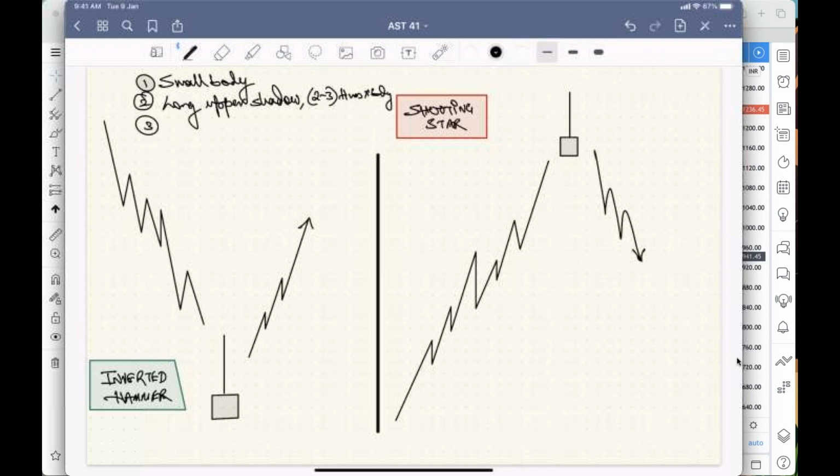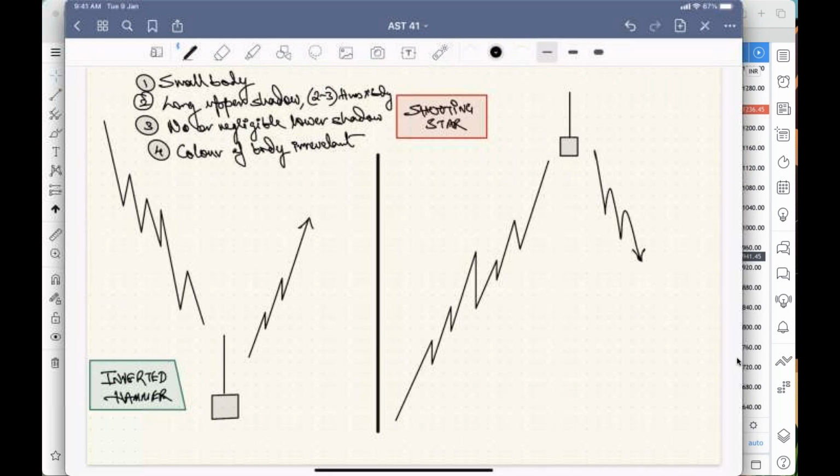Number 3, no or negligible lower shadow. Number 4, color of the body irrelevant. It does not matter whether it's a green candle or a red candle.